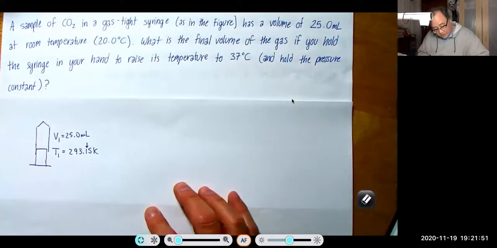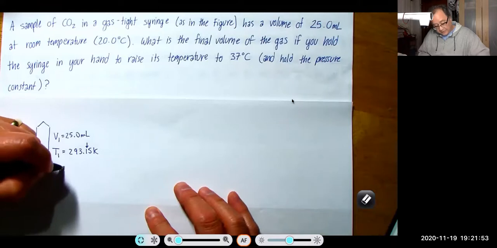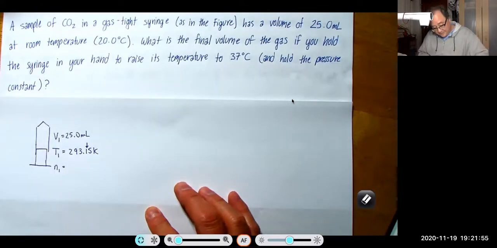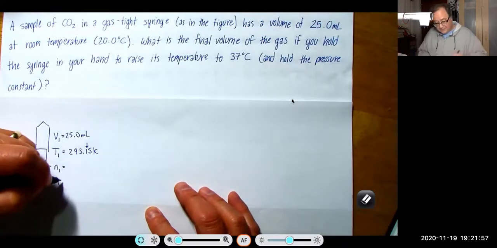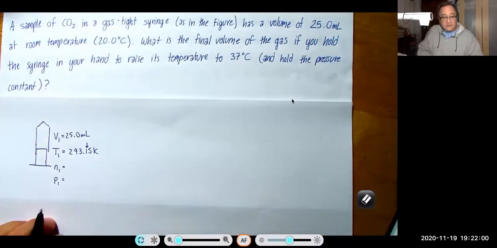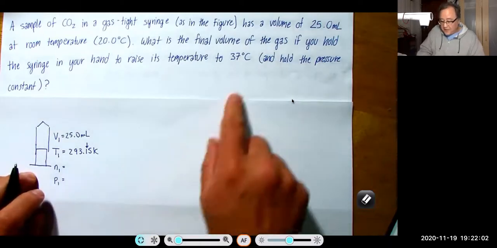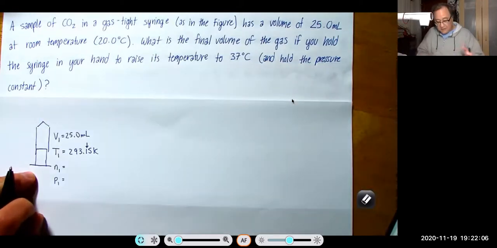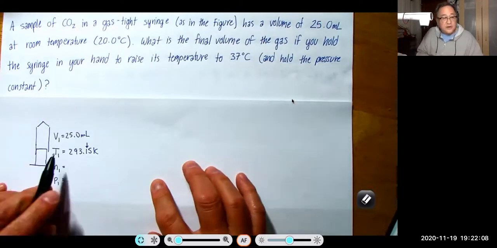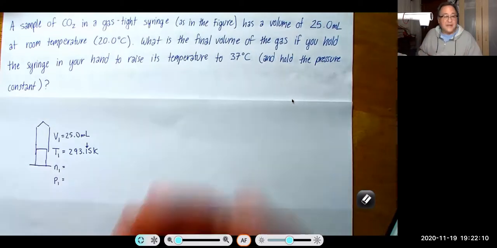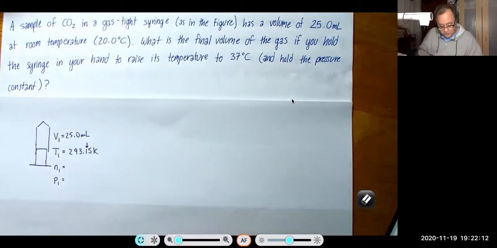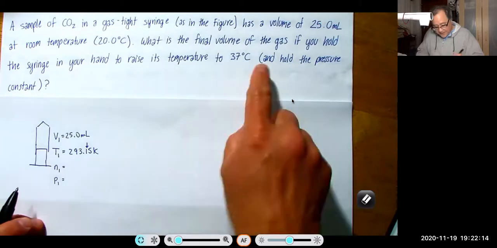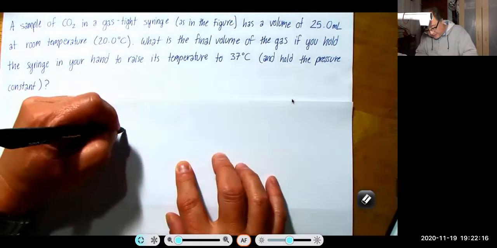We don't know. So I'm going to write N1 is equal to whatever, and P1 is equal to whatever. Now, notice here, this says, and hold the pressure constant. Wow, that's going to help me out a little bit. So we hold this in our hand and we warm up the gas. So the final temperature of the gas is going to be a little higher.